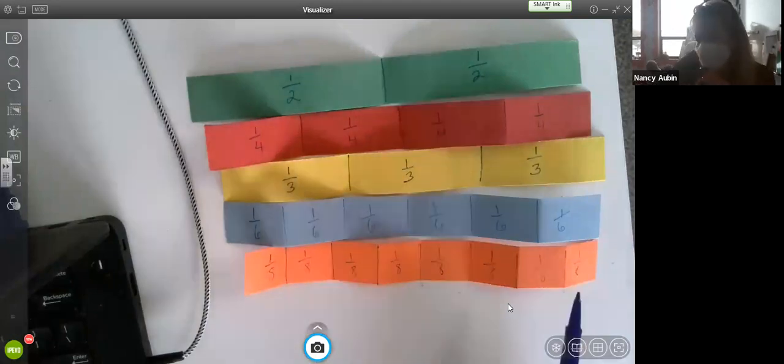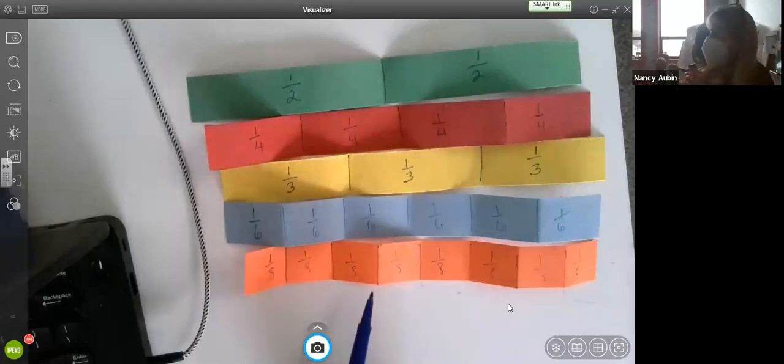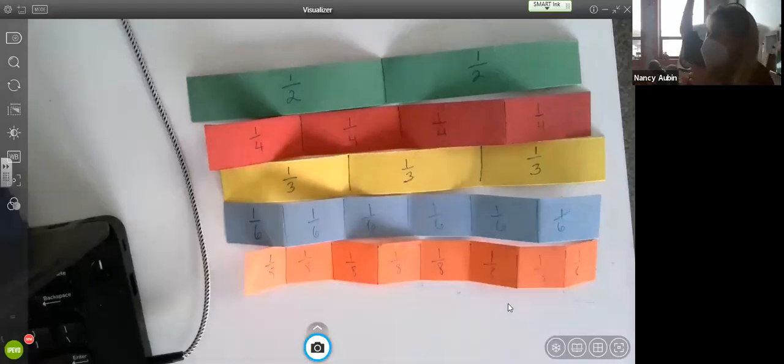That all of these fractions, if you added them together, Sawyer, the sum or answer would equal what? 1 whole.